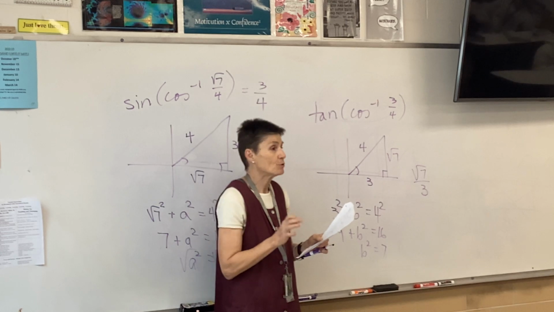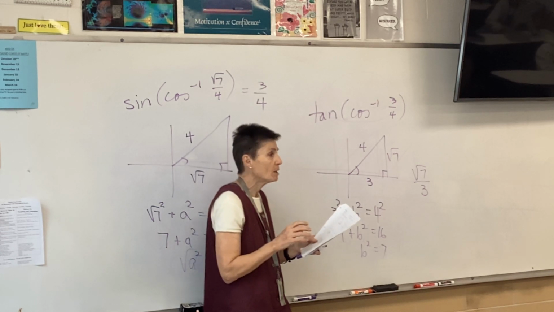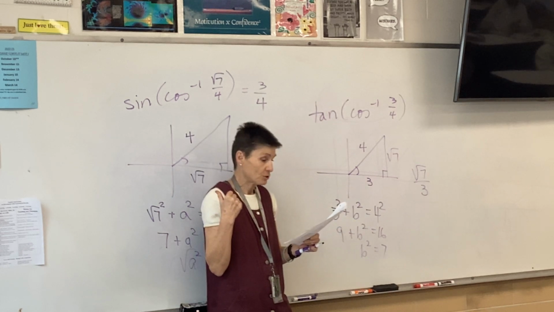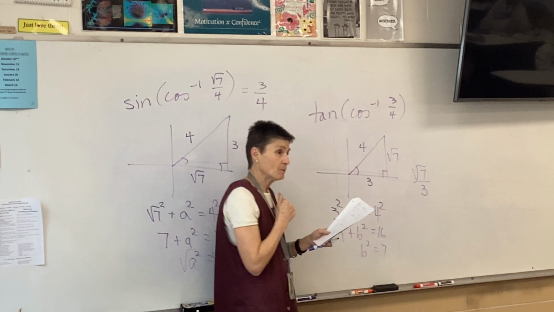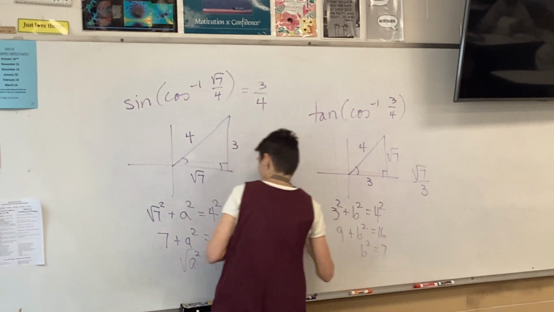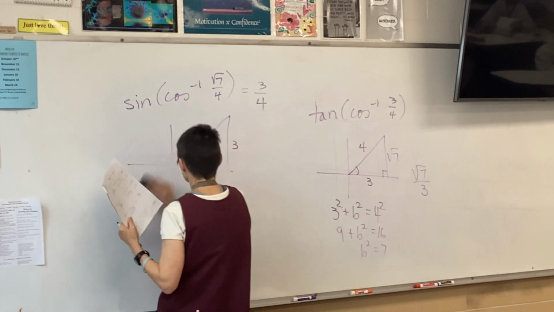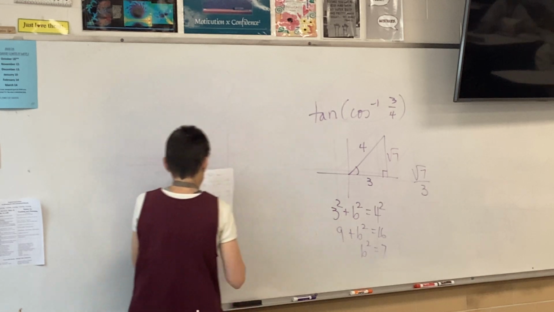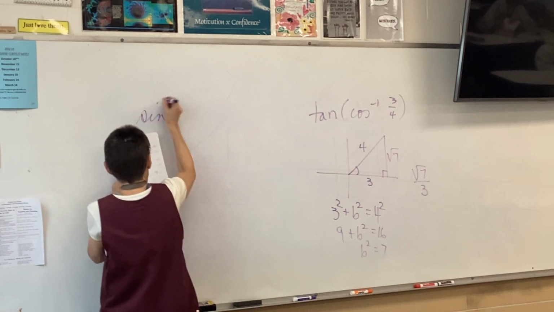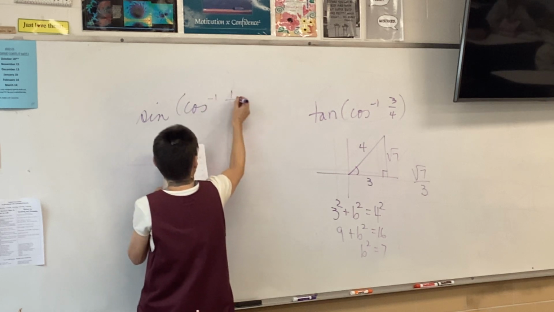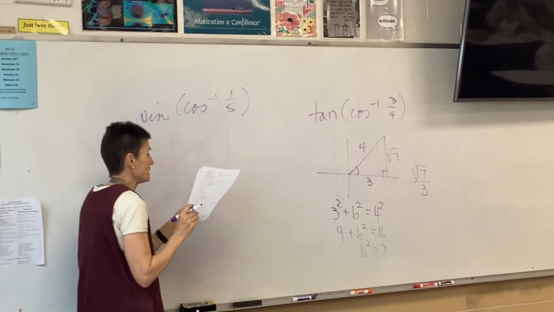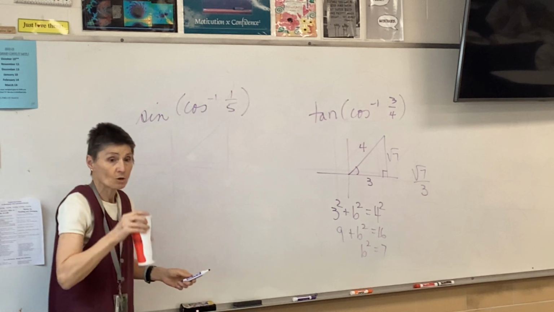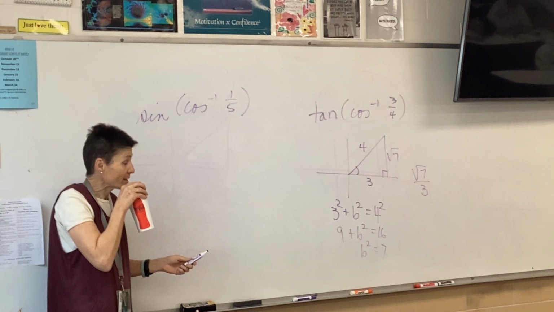Because I want to show you how to do this on your calculator, you probably already know, but I want to do another one of these by hand. That would be 1E, and then we'll do problem number 2. Alrighty? So here we go. This is 1E on the 4.7 homework, so I hope you're working along with me so that you get it right and you don't have to do it again.